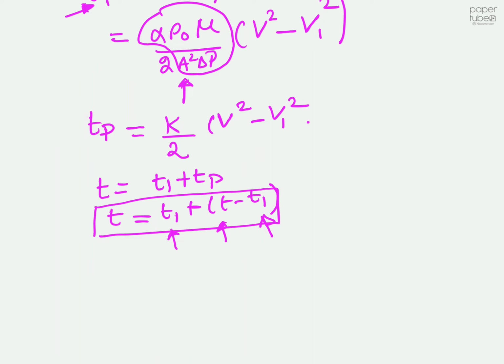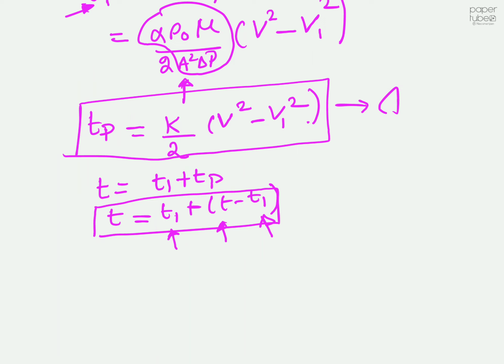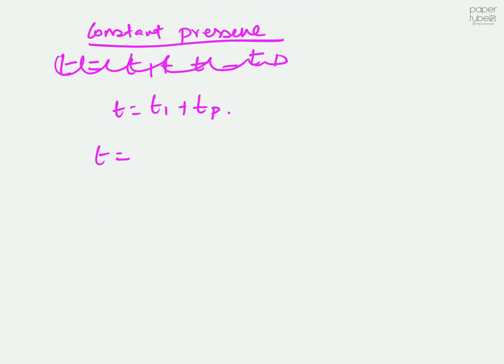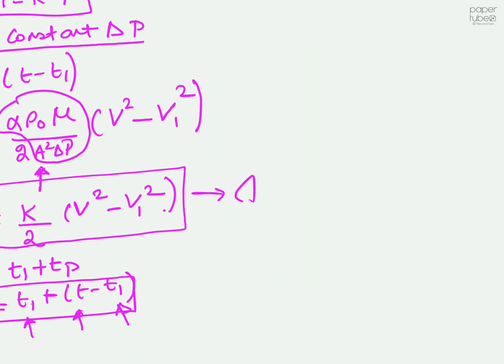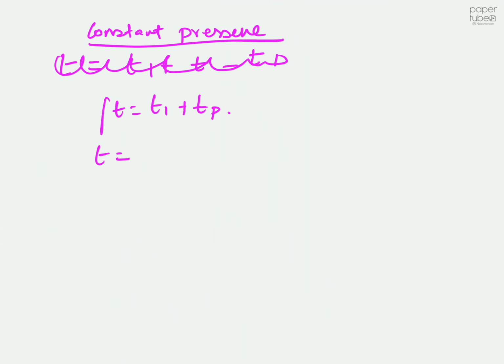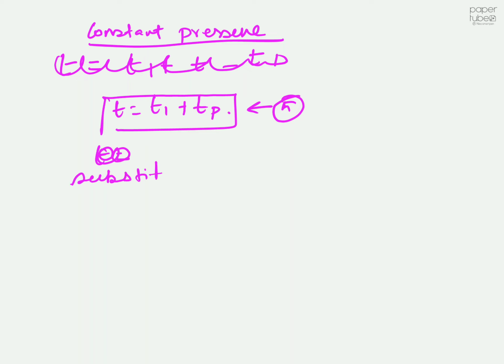Let me check a second. Let's give this some equation numbers: let's call this equation 3 and this equation 4. We know that T is equal to T1 plus Tp, let's call this equation 5. Sorry for going very slow, but this is a very tough problem. Substitute equations 3 and 4 in equation 5.